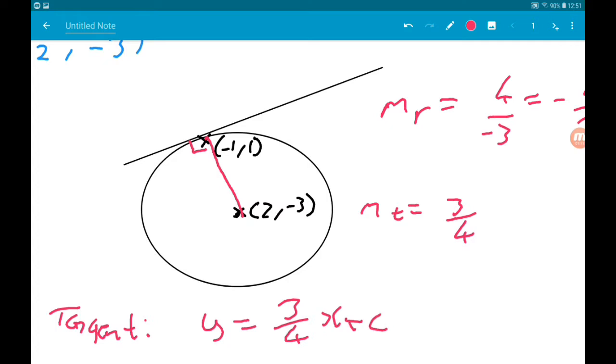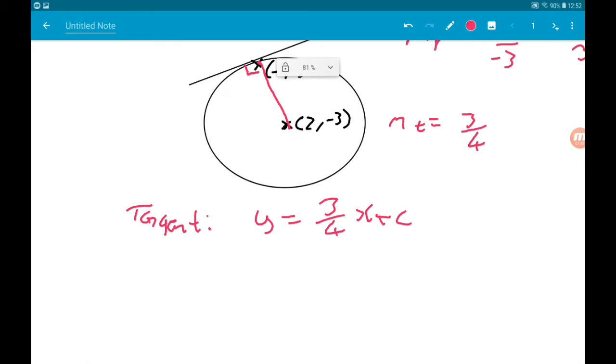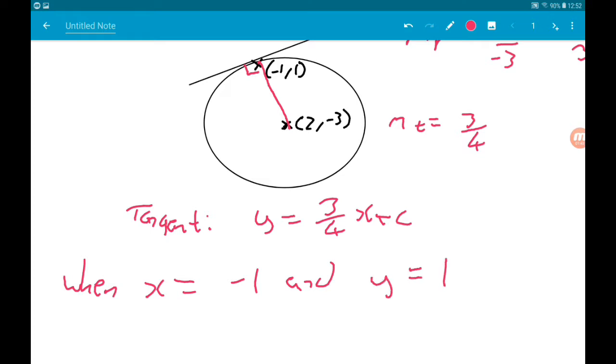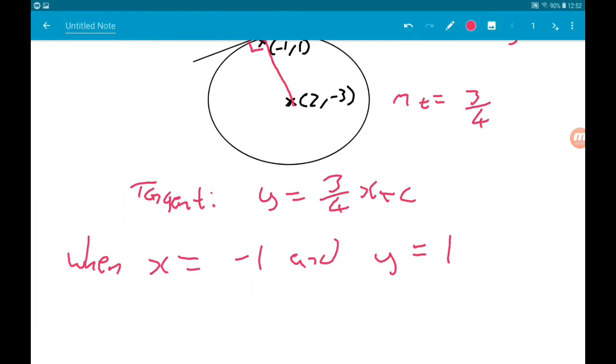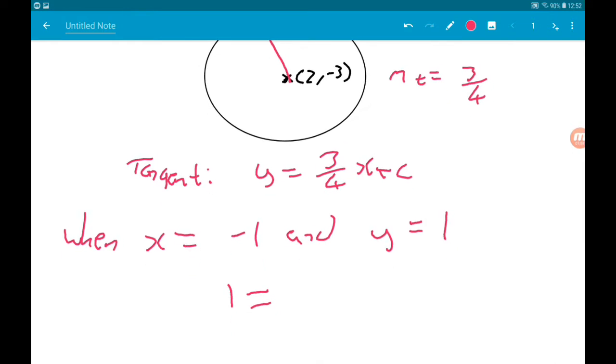Now to find c, we substitute in the set of coordinates that we know lie on the tangent. So that's minus 1, 1, so when x is minus 1 and y is 1, we get 1 is equal to 3/4 times minus 1, so that's minus 3/4, add c.